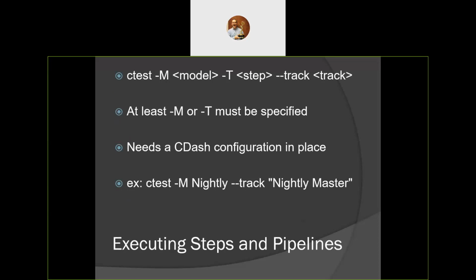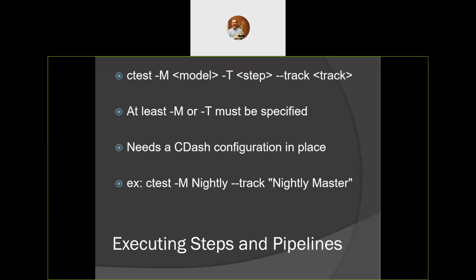And you have to at least specify a model or a step. It would be very common, for instance, on a continuous integration machine to just say, run the continuous model. You just do all the steps that are configured for that. Or for your nightly build machine to just say, run the nightly model and just do all the steps that are configured for that.